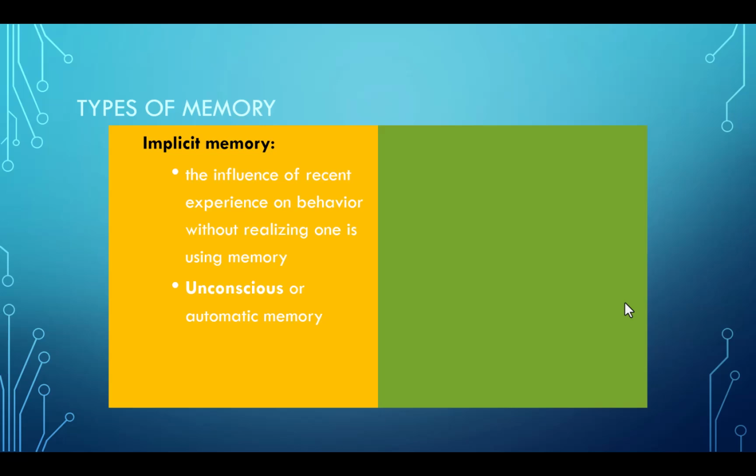So things that you've done so many times, they just become automatic. You don't have to think about it or actively retrieve that information into consciousness in order to complete the task at hand. Procedural memories are what we're going to talk about today, and those are one type of implicit memories. Keep in mind there are other types of implicit memories. We just don't have the time to cover those in this class.